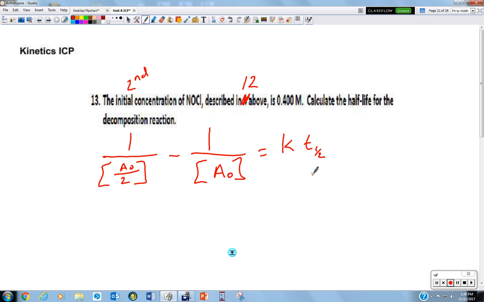So basically, we would have 1 over 0.400 molar. Our rate constant for that one was, what was the K for number 12? 0.0487.